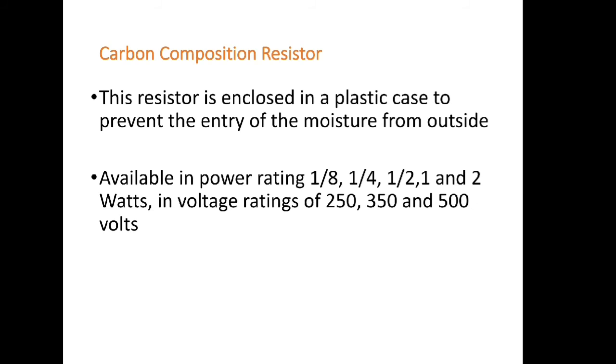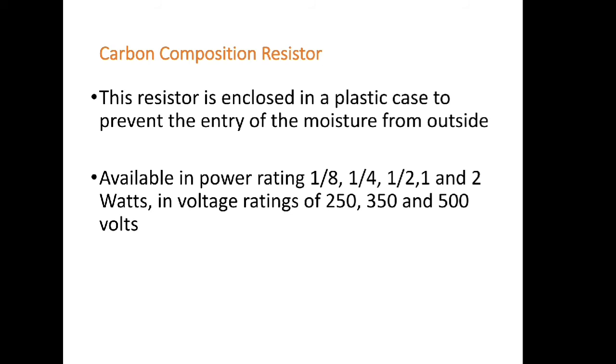Resistors are also available in power ratings: 1 by 8, 1 by 4, 1 by 2 (half), 1 and 2 watts, or 3 watts or 4 watts, like this. They are specified in wattage rating, which indicates that the resistor can bear such an amount of power as heat dissipation.